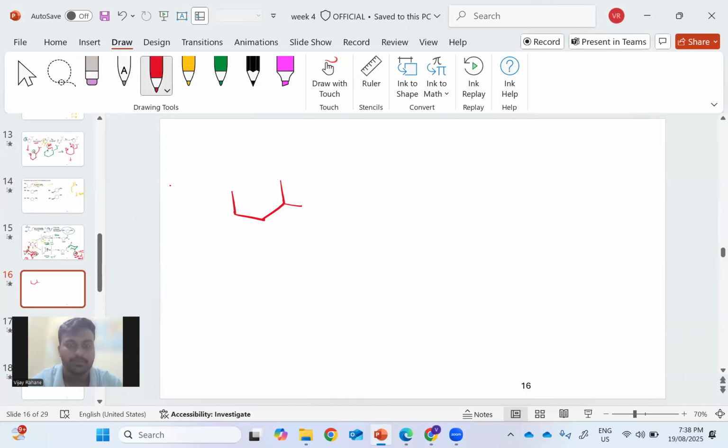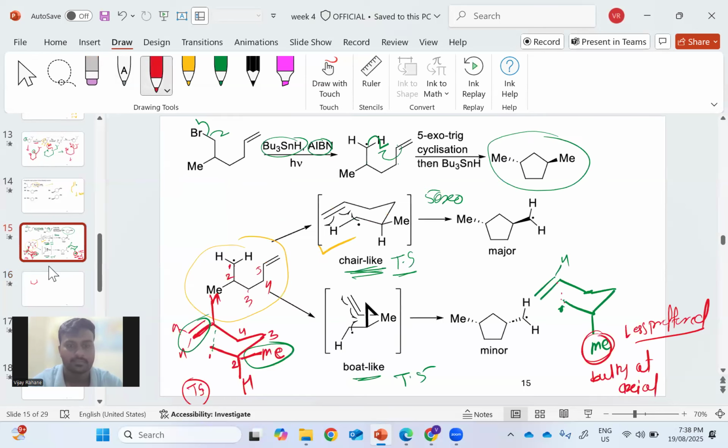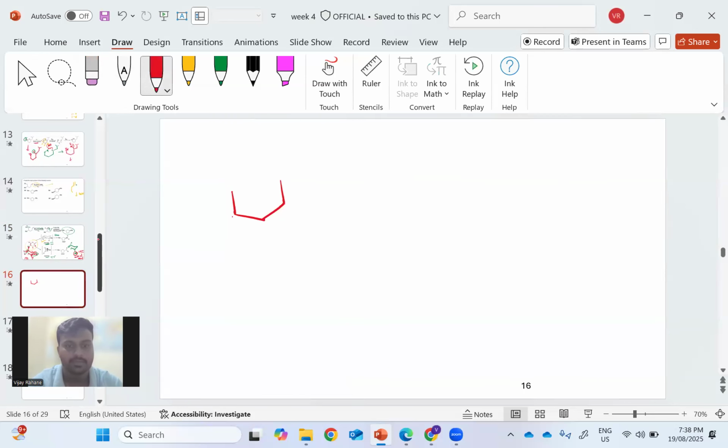Up to here, and here instead of methyl there is again a methyl and a tert-butyl group, and here the heteroatom Br. And here there is again some other functional group. So in this case, what is the stereochemistry formed?